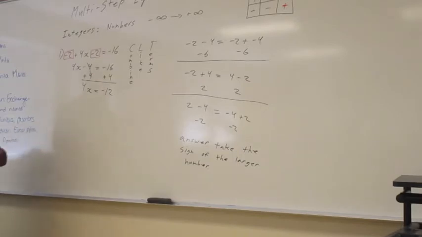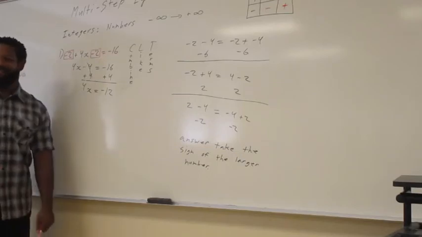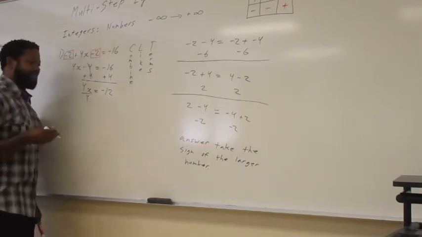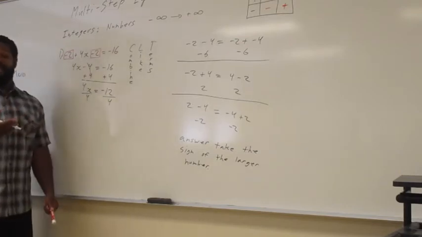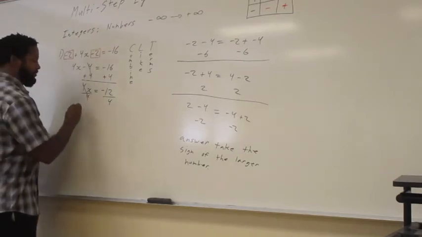So what's happening between the 4 and the x? They're multiplying, so you divide. What you do on one side, you do on the other. I'm always going to be asking that. So it's x equals -3.